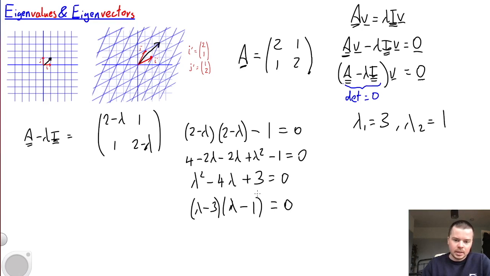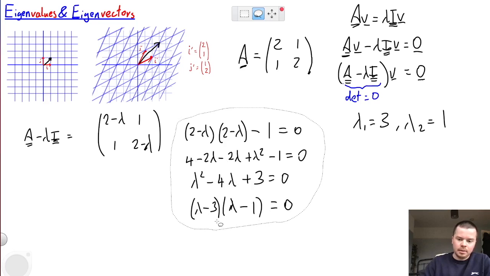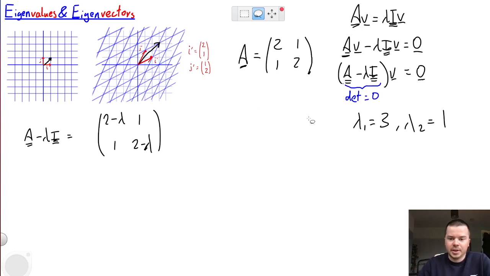Lovely. So let's get rid of this for now, and what we're going to do is now substitute in our values of lambda, and we're going to see if we can solve for our eigenvectors. So let's do lambda equals 3 first of all.